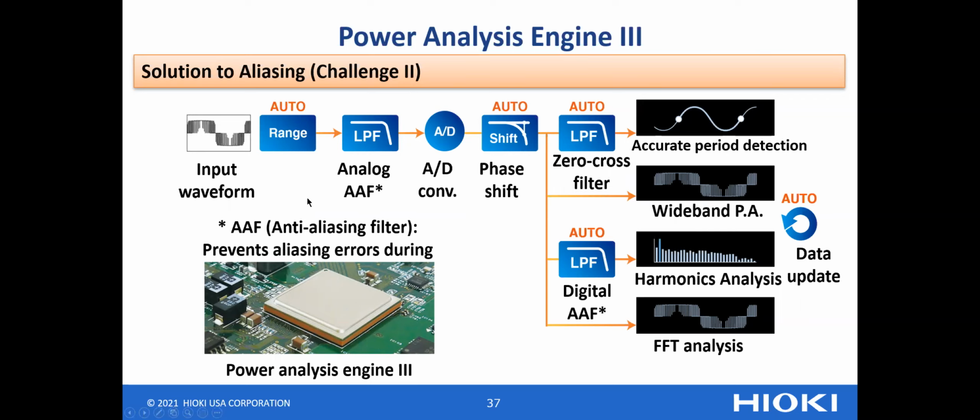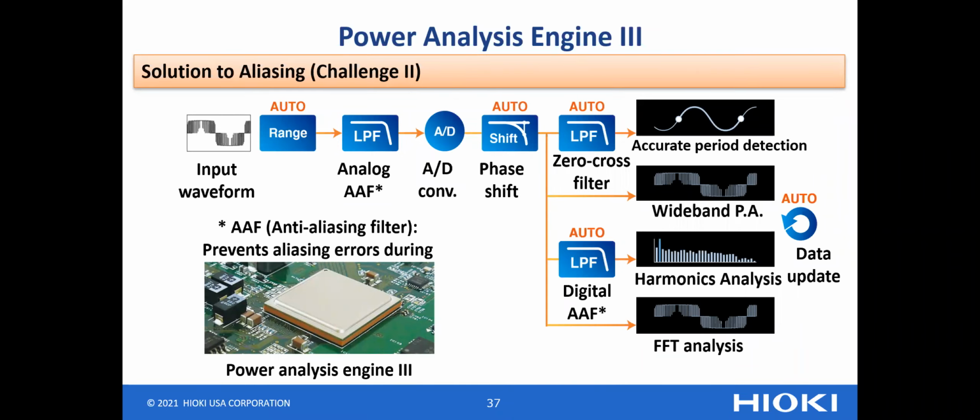Depending on the level of input signals, the engine sets the most appropriate range automatically. And then signals are filtered with the anti-aliasing filter, and analog signals are converted into digital signals with an automatic phase correction to minimize phase error of current sensors.